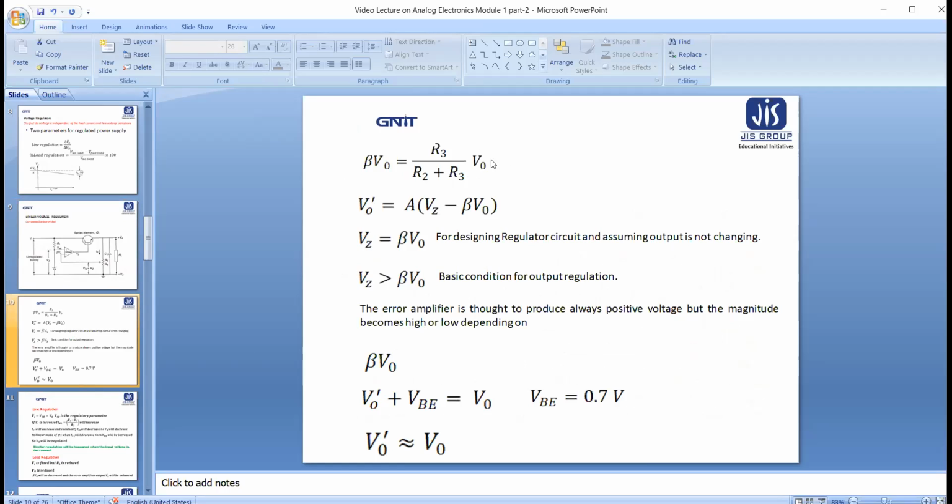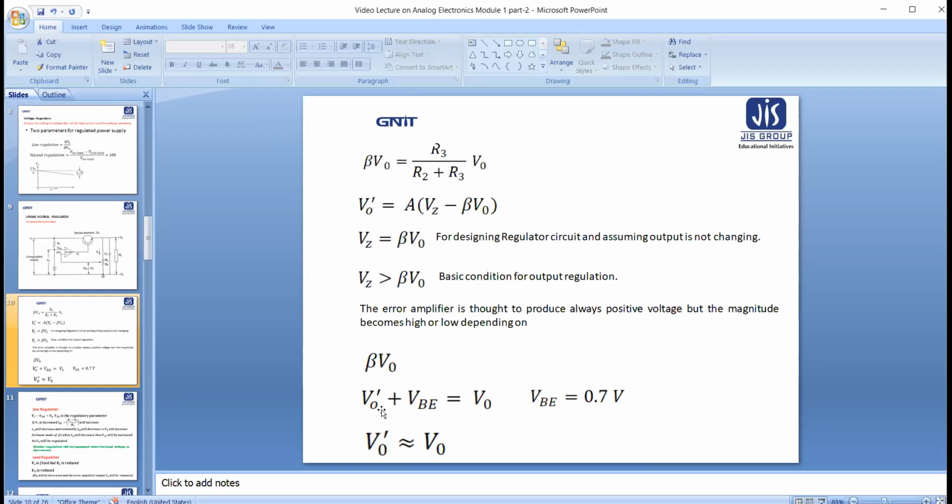If the V0 is reduced from its previous set value, then obviously this beta V0 will be changed due to this ratio, which will affect the op-amp output. Beta Vz will be greater than beta V0, then the op-amp will produce some output which basically controls the transistor current. We will discuss this more clearly.